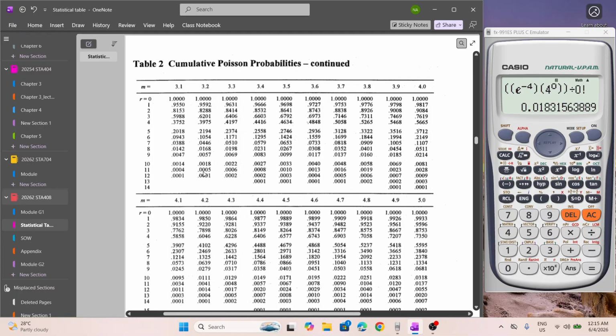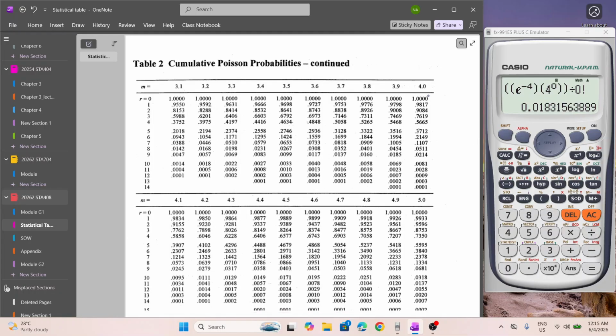In our example, lambda is equal to 4.0, and r here is actually the x. We want to find the probability of x greater than or equal to 4, so this is the probability value 0.5665.